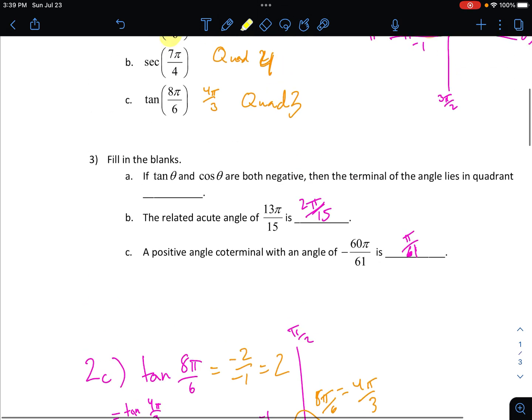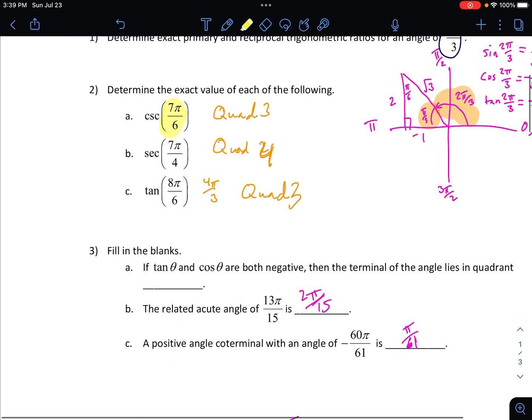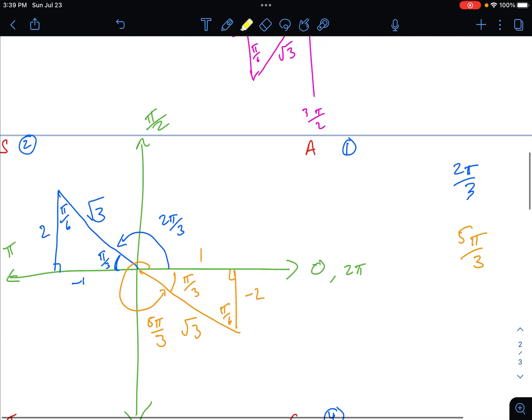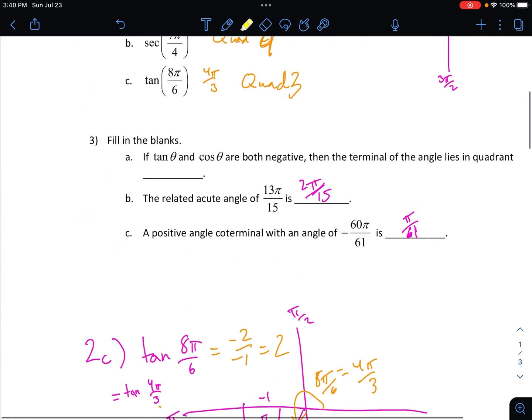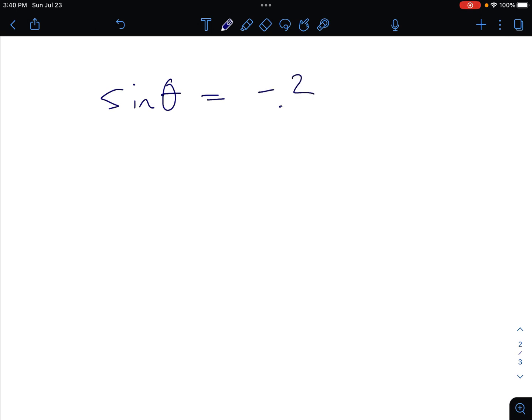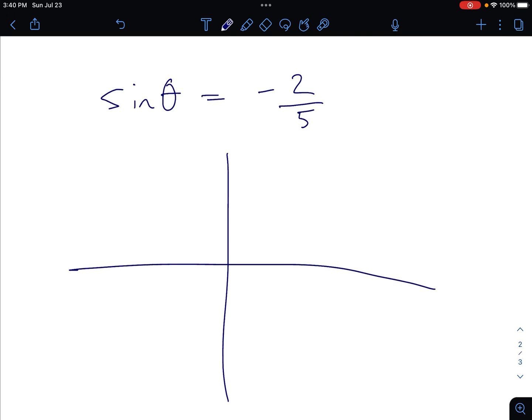And when you're trying to solve for some of these parts here, if you're looking at something like sine theta equaling -2/5, well, when you're solving something like this, where would sine be negative?